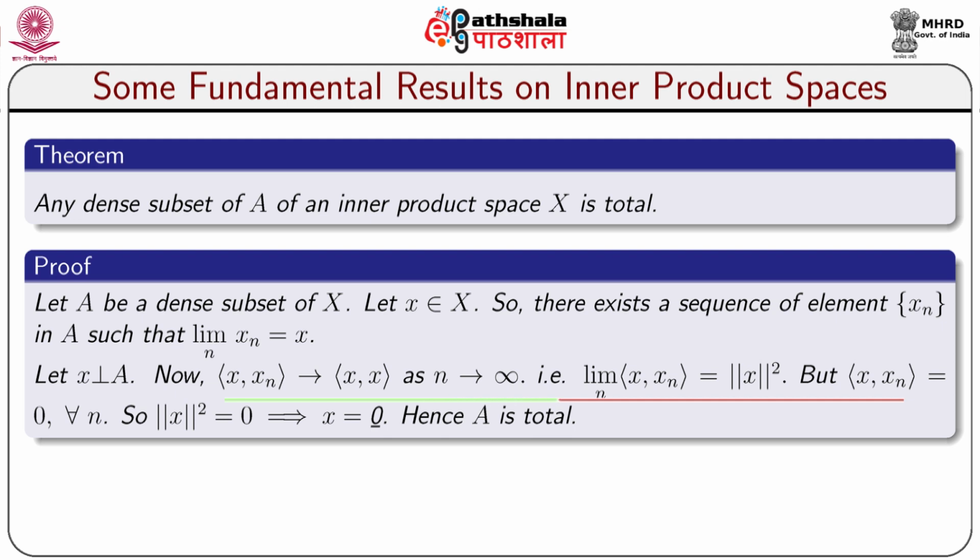That means, limit n of inner product x comma xn is equal to norm of x square, but inner product x comma xn equals 0 for all n. So, norm x square equals 0, implying norm x equals 0, which implies that x is the zero vector. Hence, capital A is total.